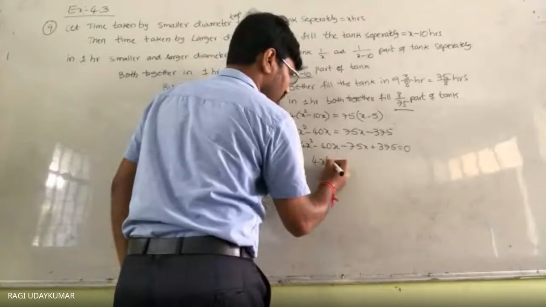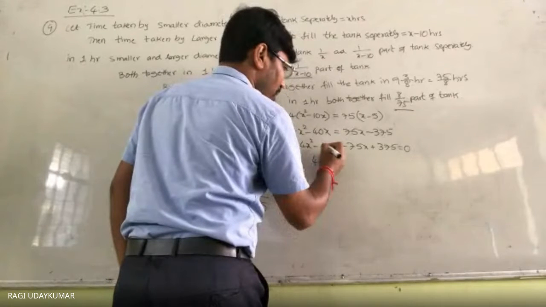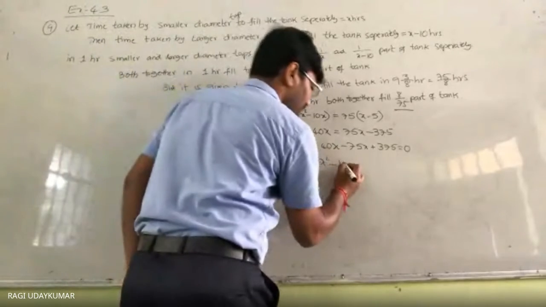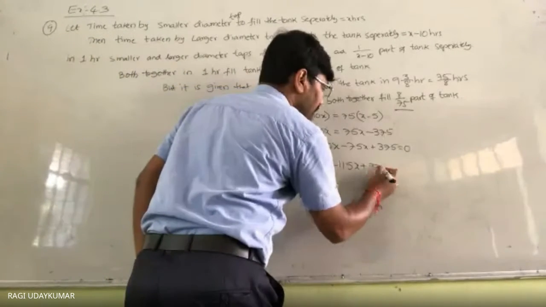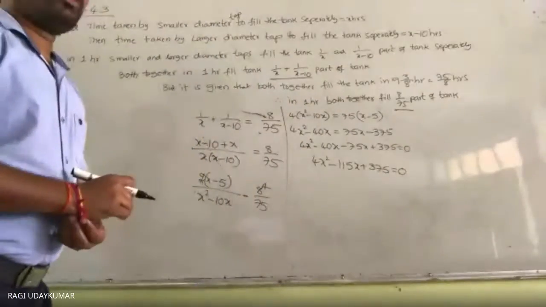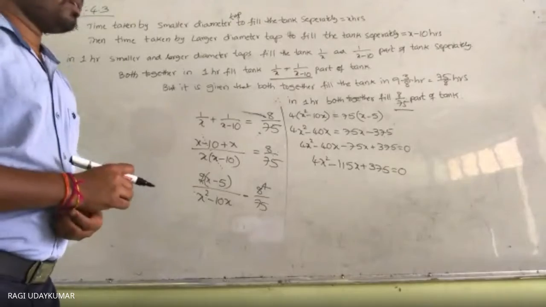So 4X square minus 115X plus 375 is equal to 0. So what to do here? Factorization.